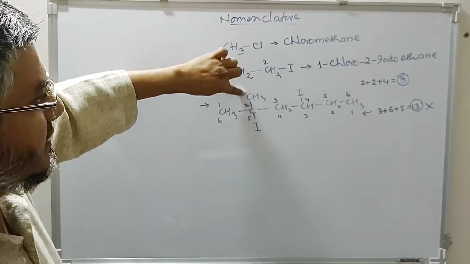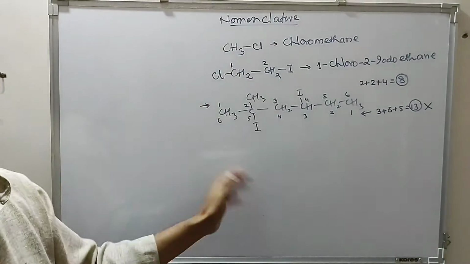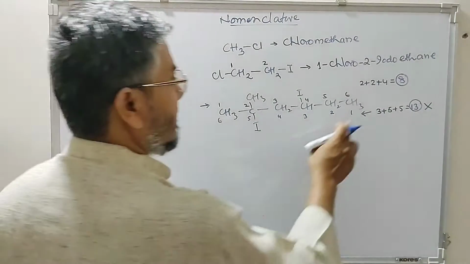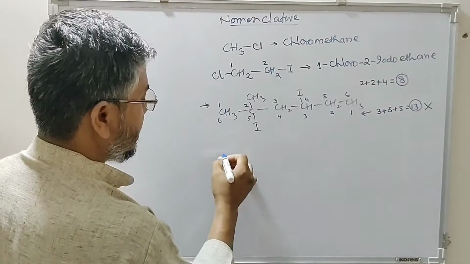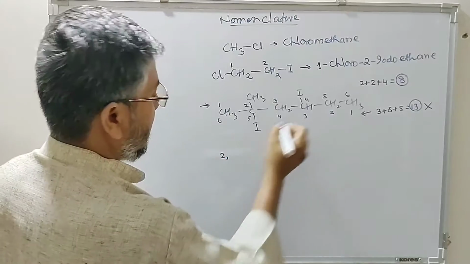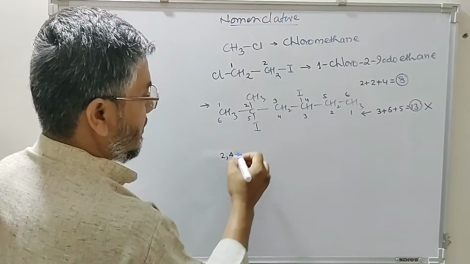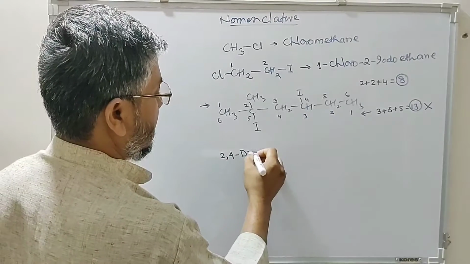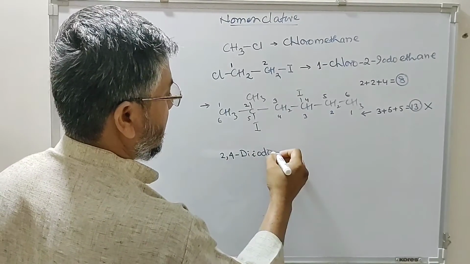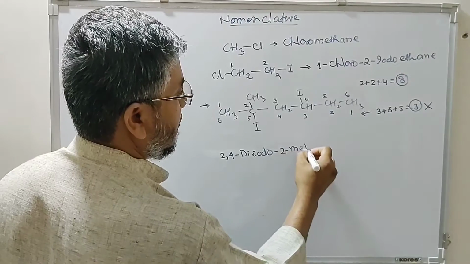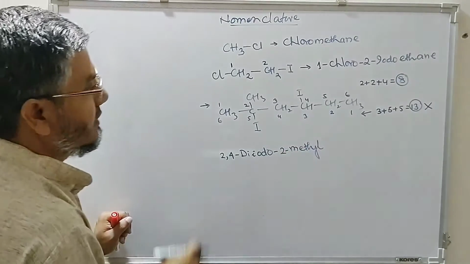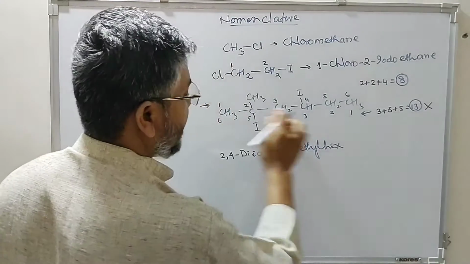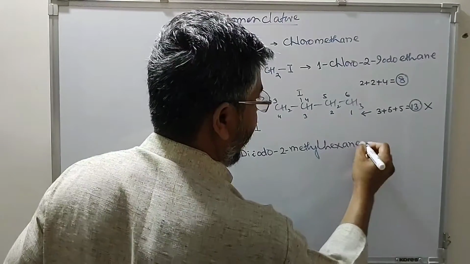This is methyl, M. This is iodo, I. So I comes before methyl, so we have to name iodo first. So this is 2,4-diiodo, 2-methyl, the number of carbon atoms is 6, hex, primary suffix is ane, hexane.